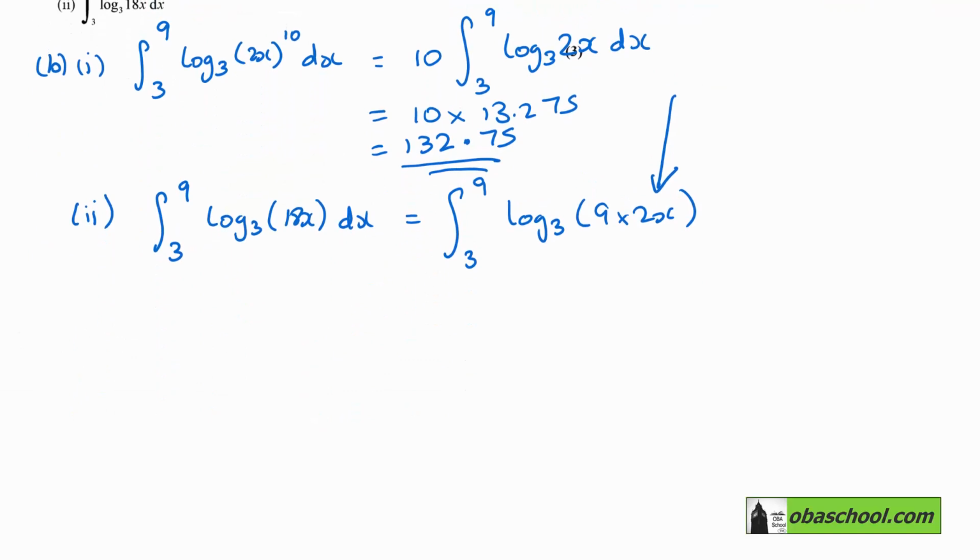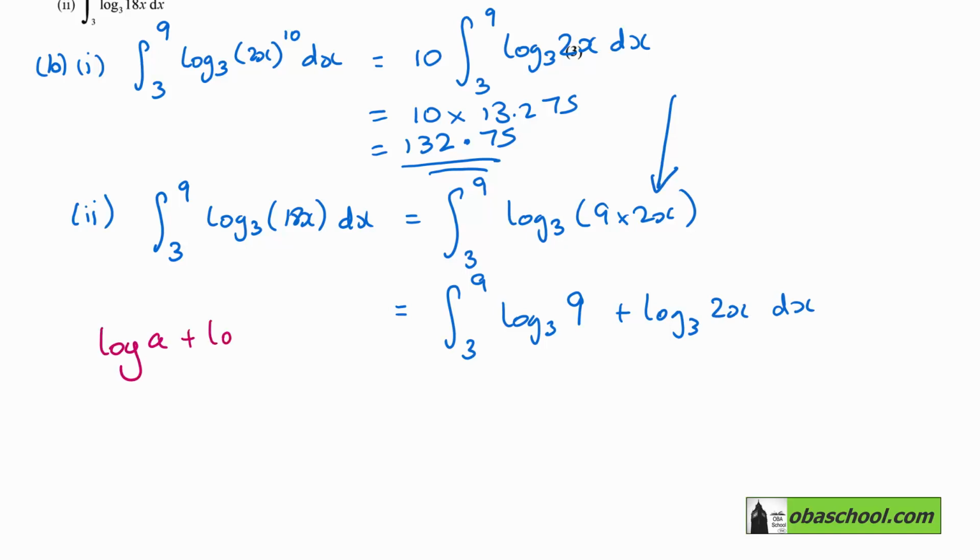So that's the integral from 3 to 9 of log to the base 3 of 9 plus log to the base 3 of 2x. And what I'm using there is that log A plus log B is log AB. I've just used it in that direction to split things apart.